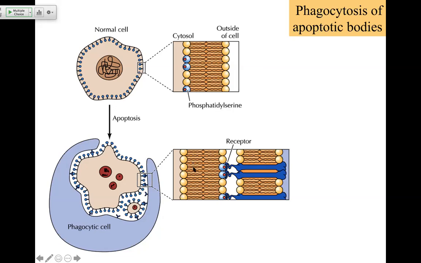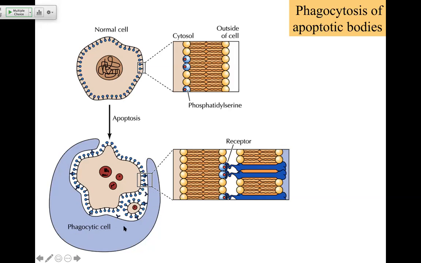This is part of the apoptotic process: move that phosphatidylserine so it's facing the outside, in the extracellular layer of the lipid bilayer, where it can be bound by, recognized by receptors that are present on that surrounding cell. That will activate that phagocytosis.